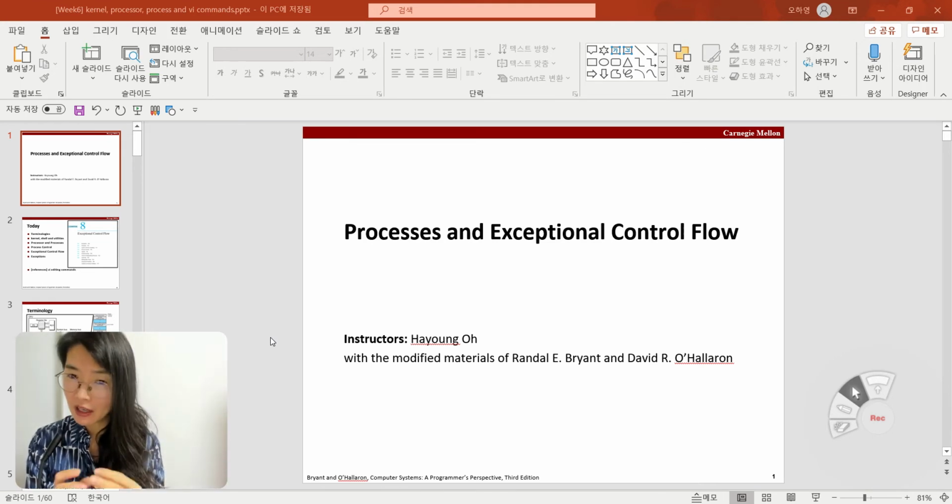Maybe we will touch the process concept and the C programming language with process generation, with the difference between the processes, processor, and the software and hardware components. All right.